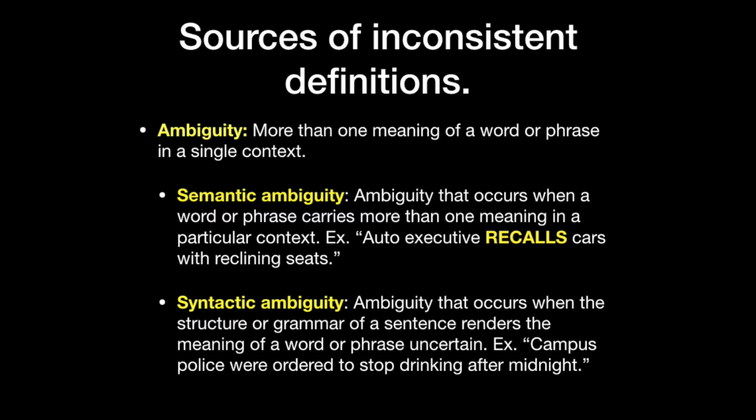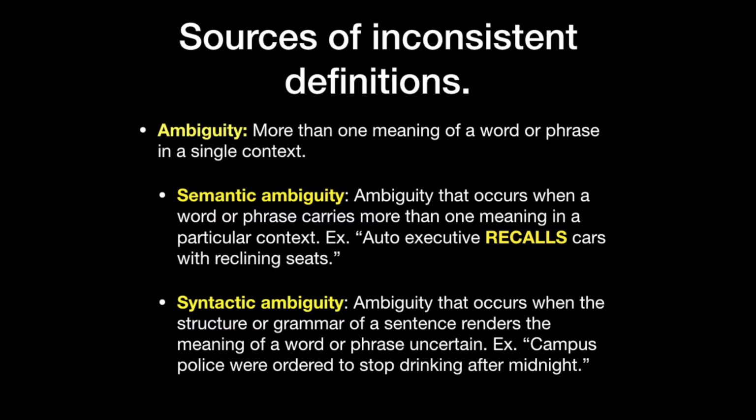An example here is: auto executives recalls cars with reclining seats. So an auto executive, someone that is in charge of an automobile company, can recall a particular make or model of a car because it has defective reclining seats.